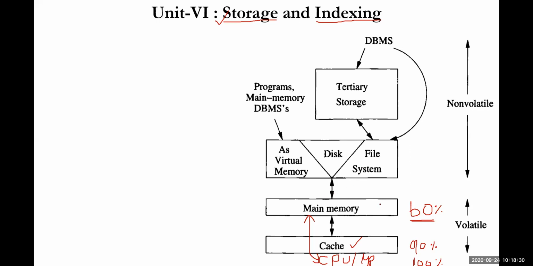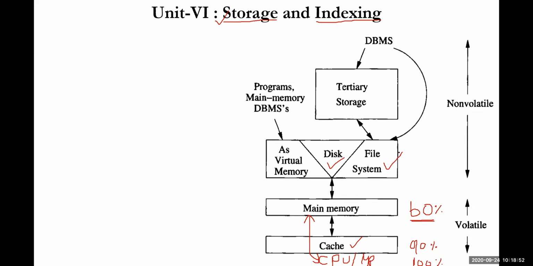Main memory must be there within the computer for the data stored at the file system or disk. Virtual memory is not a specific memory here.